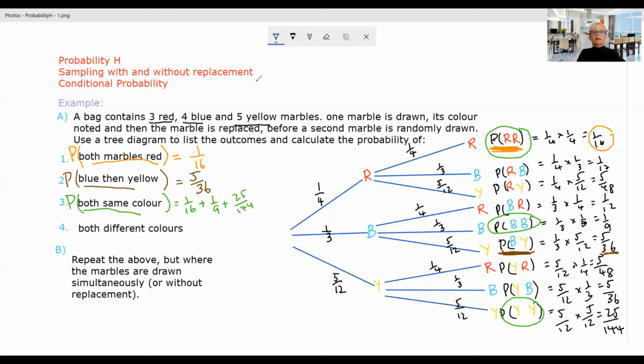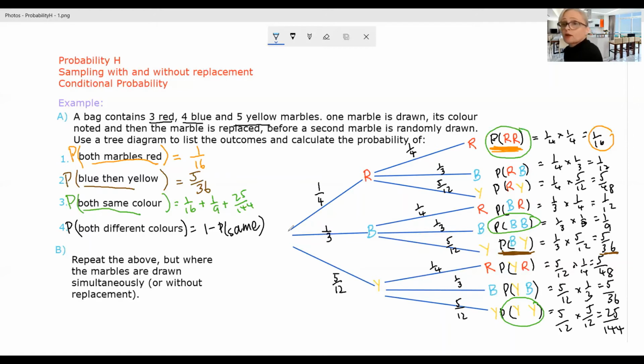However, in our next question, how do you think we would deal with that one? Probability that they're different colours. Well, thinking back to our previous video, they're either the same colour or they're different, aren't they? So this will be 1 minus your answer to the previous question.